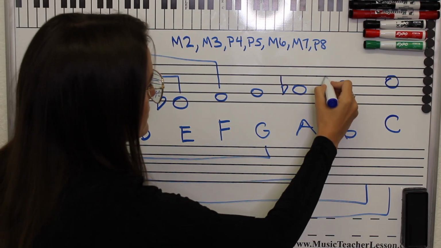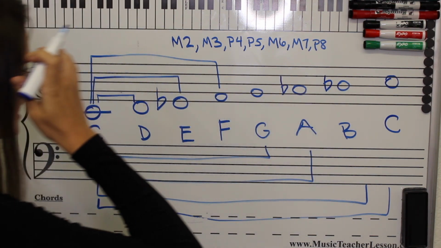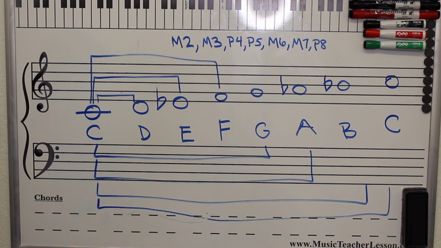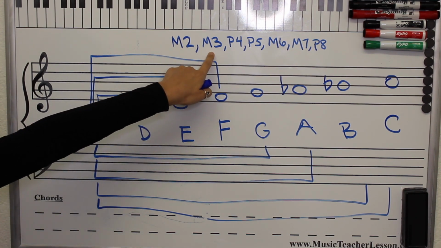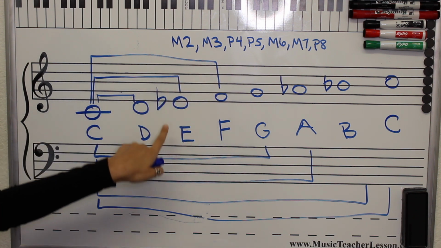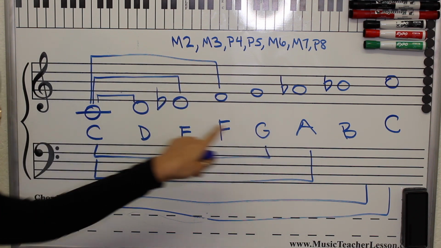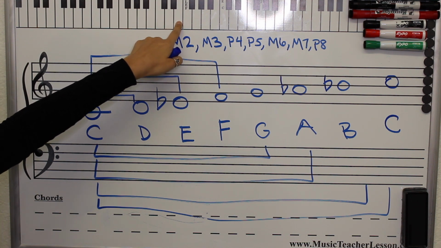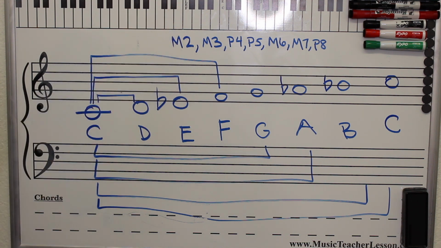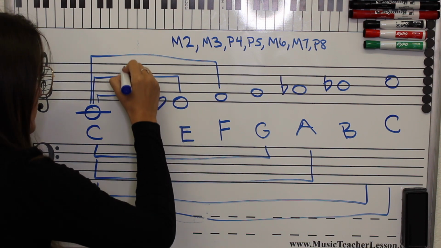So B is our seventh. We're going to flat it there. Now, instead of the third being major, like in our major scale, it is minor. Because it moved down a half step from the C to the E, we have C to E flat. So we're going to call that our minor.